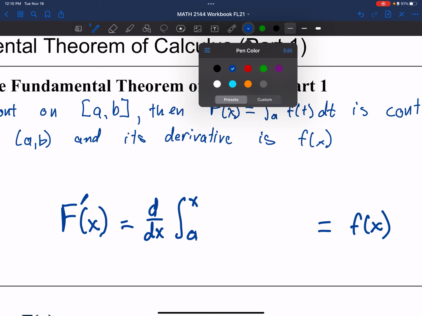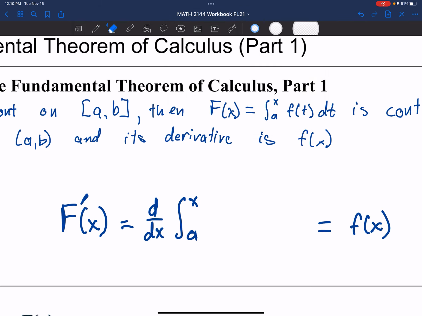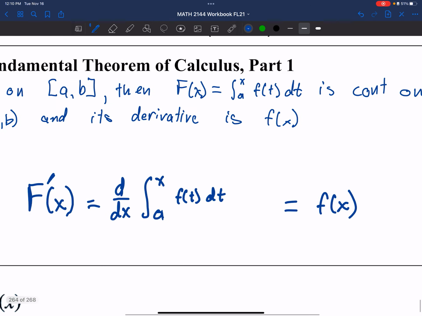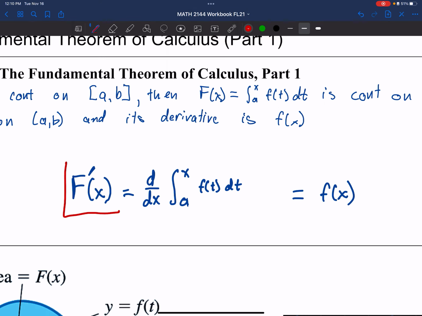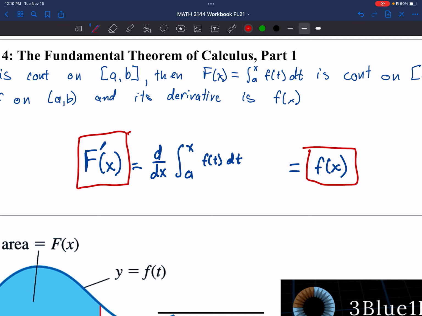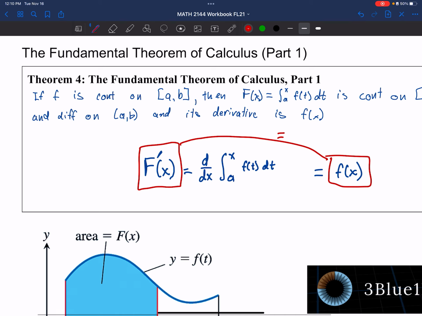So the derivative of the integral from a to x of f of t dt is equal to what we already wrote. The main thing I want us to hold on to for this course is this: when you take the derivative of an integral, you recover the original function. So this right here connects integrals and derivatives.